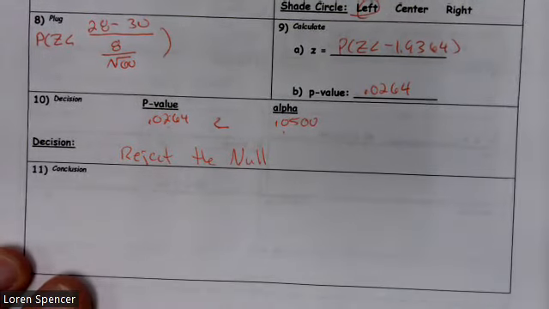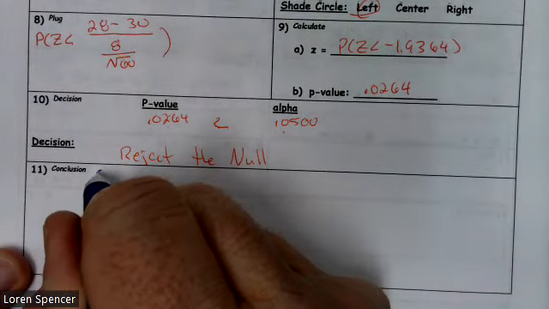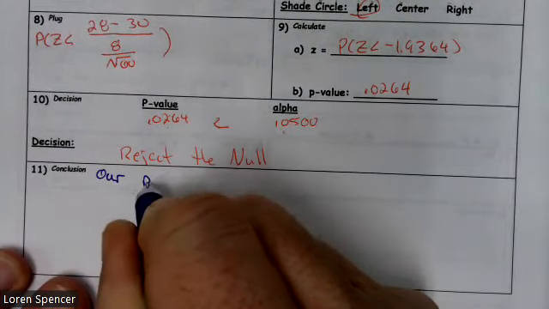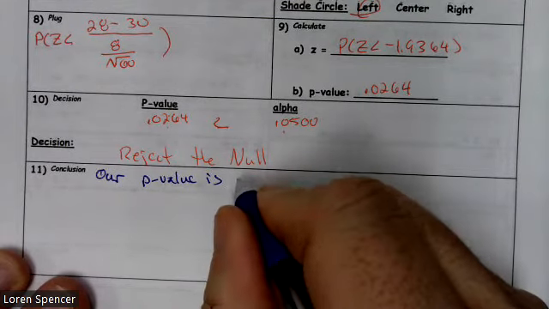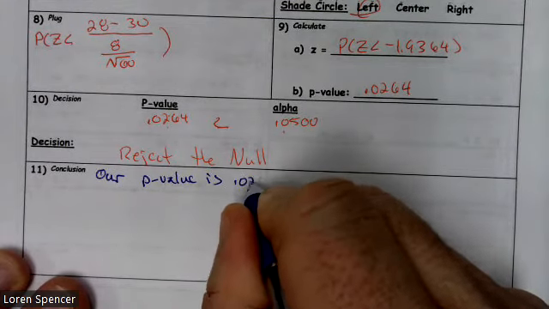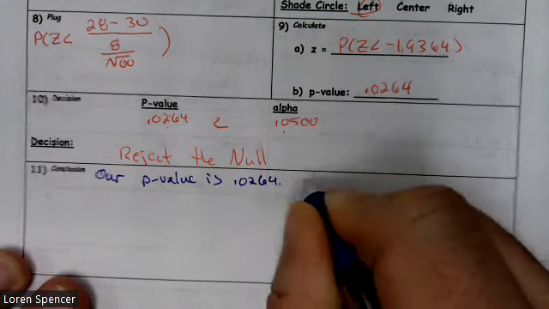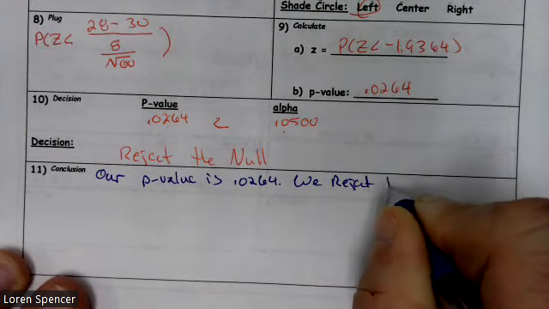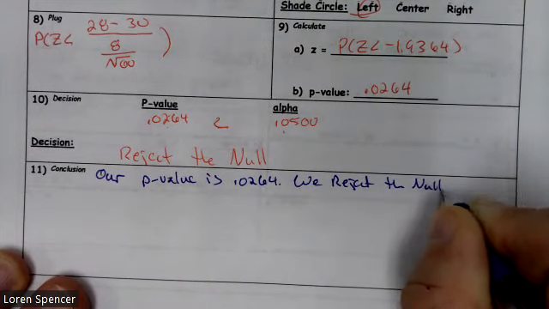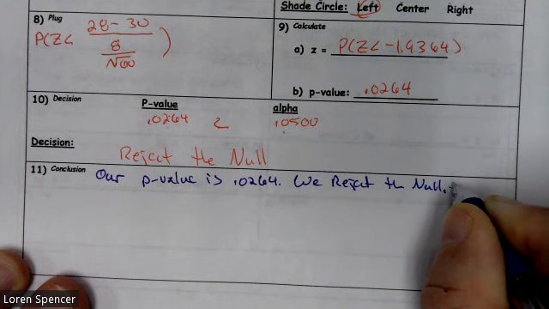So, in conclusion, our p-value is 0.0264. Our decision: we reject the null. What did we find?